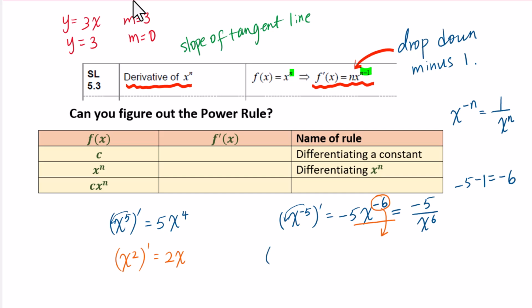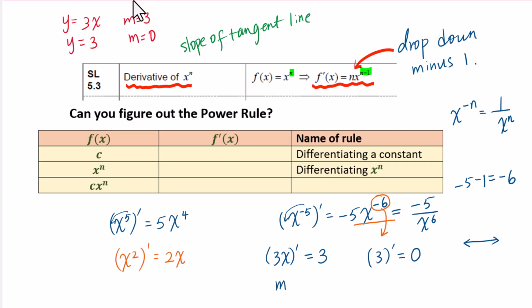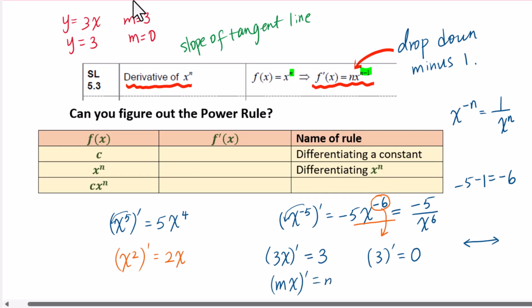So the derivative of 3x will be the slope of 3x, which is 3. For 3 prime, the slope of tangent line, which is the slope of horizontal line, will be 0. So for linear function, you need to remember mx prime equals m.